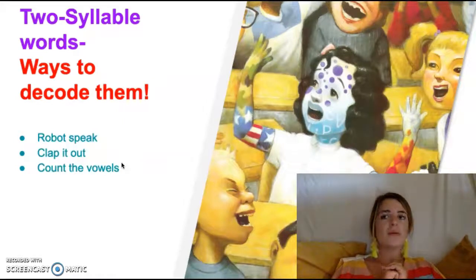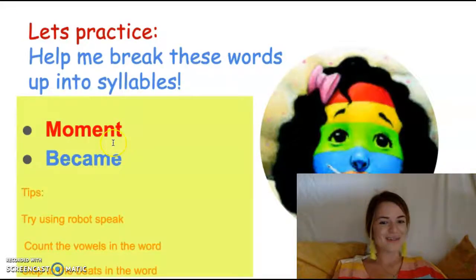But basically what you need to remember is that every syllable should have a vowel in it. And if you have more than one vowel in a syllable, you should probably rethink and reevaluate where you broke up your word. Okay, so now let's go ahead and practice a little bit.